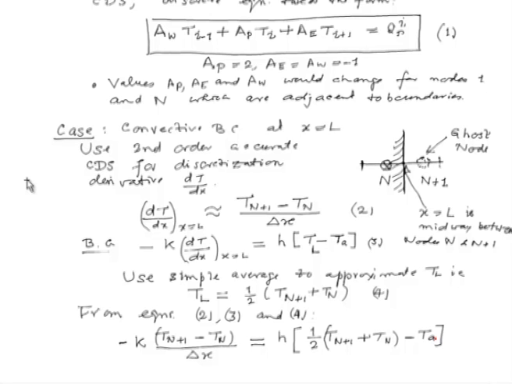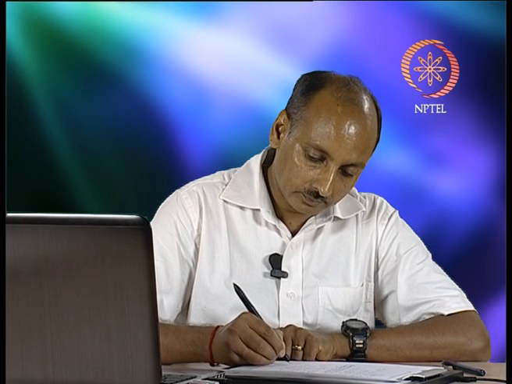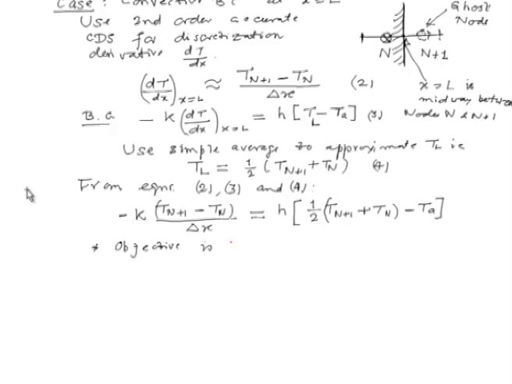Let us try to simplify this expression. Our objective is to obtain an expression for Tn plus 1, because Tn plus 1 is just an intermediate variable which we have introduced for our formulation. It has got no other purpose to serve.